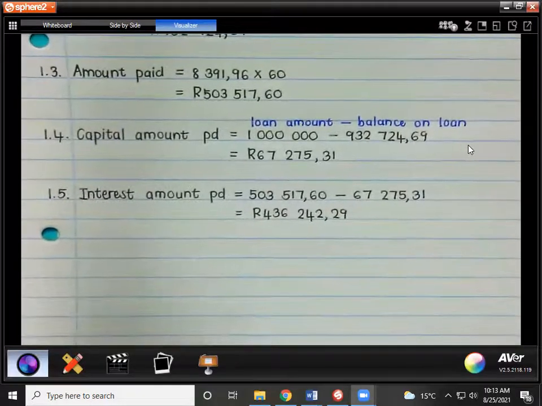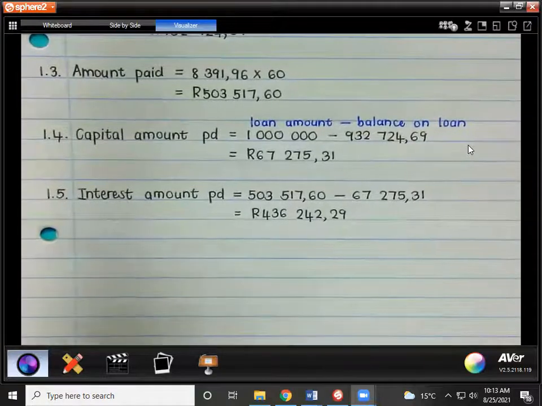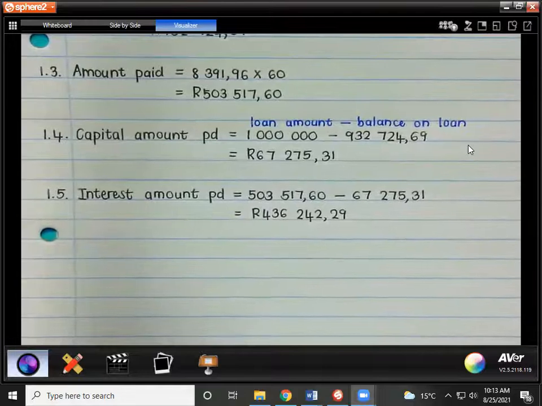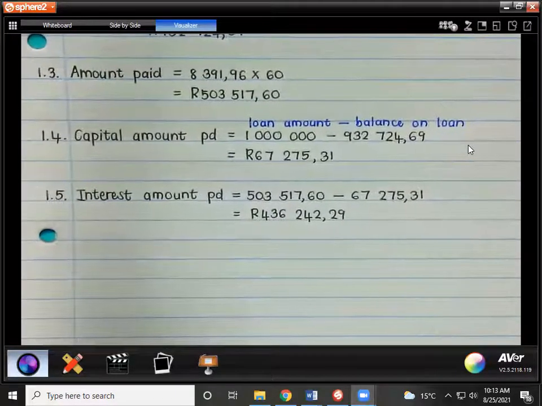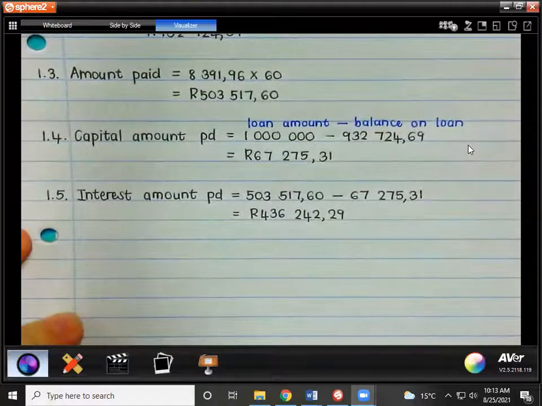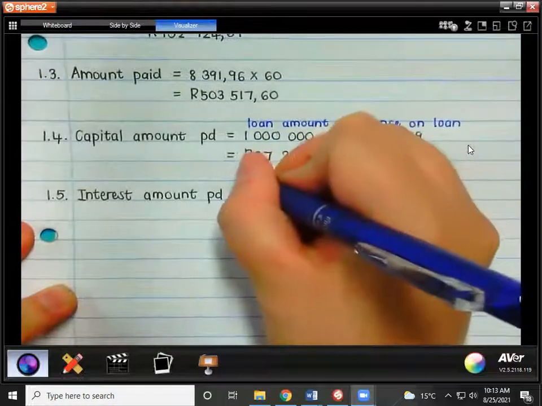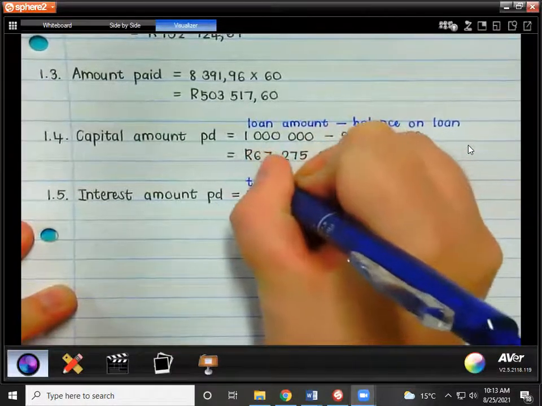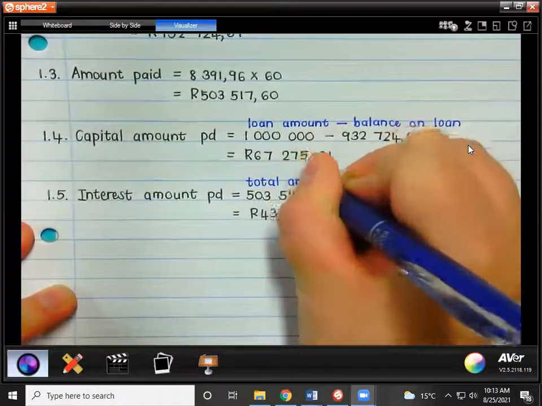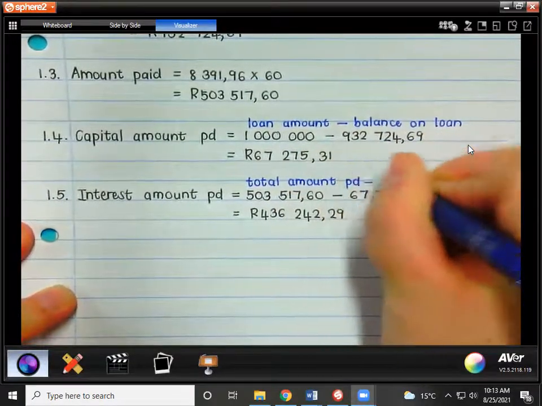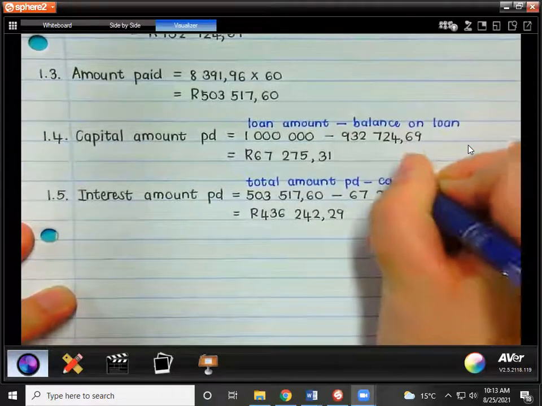They might just say, question 1.1, what is the monthly payment? Question 1.2, what is the capital amount paid after 5 years? Then you must know, okay, I must first find the balance, then I must minus it from this. So it's useful to have a formula here. The interest amount paid is always your total amount paid minus the capital amount paid.